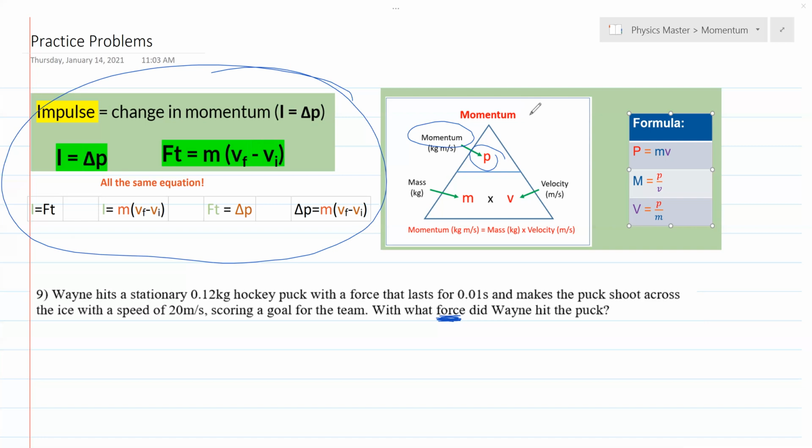I'll give you a hint. It should be pretty obvious. Yes, it is the F. All right, so we're looking for force. If you're writing notes right now, you can write F is equal to question mark, because that's what we're looking for.